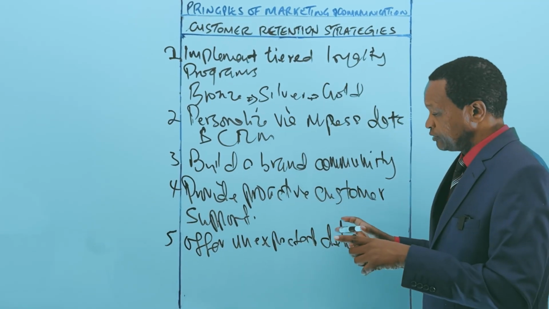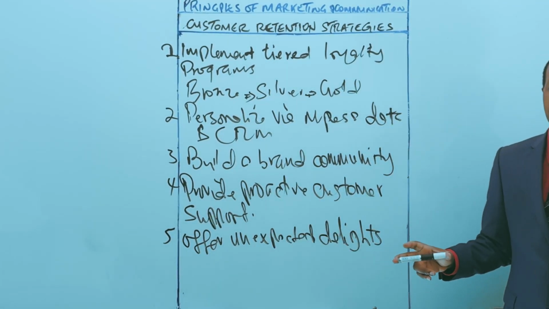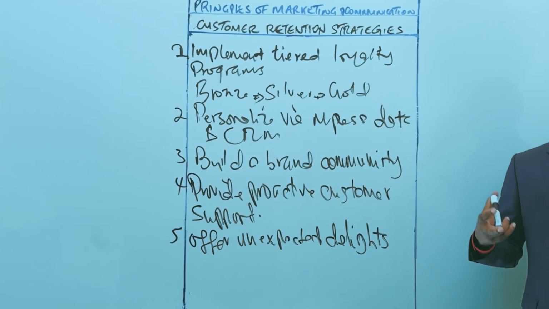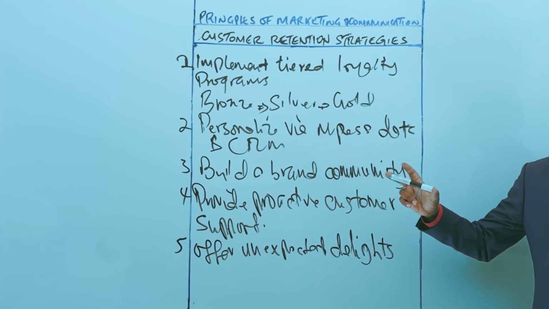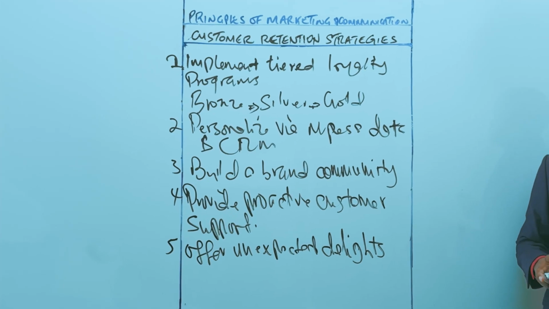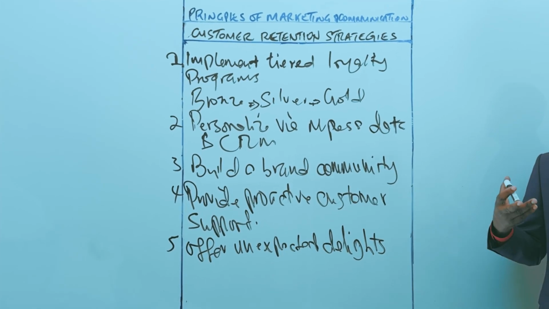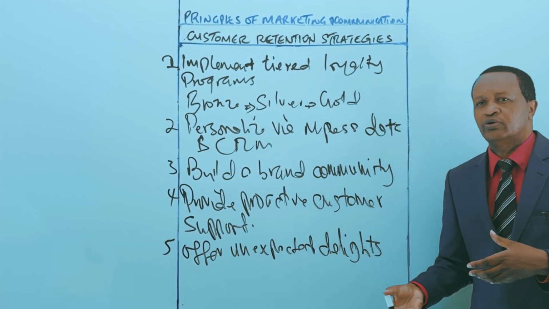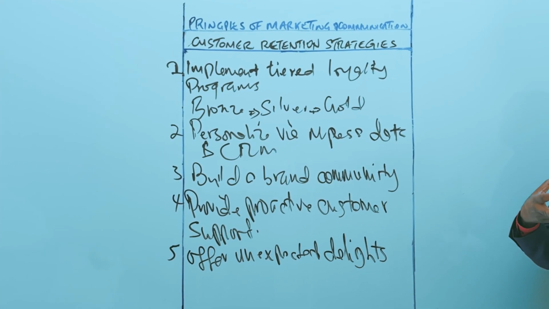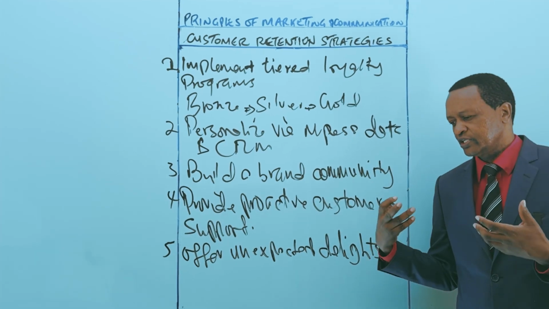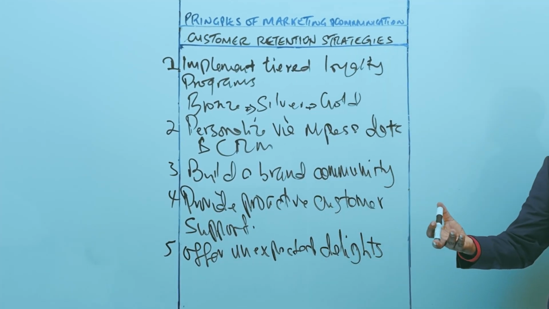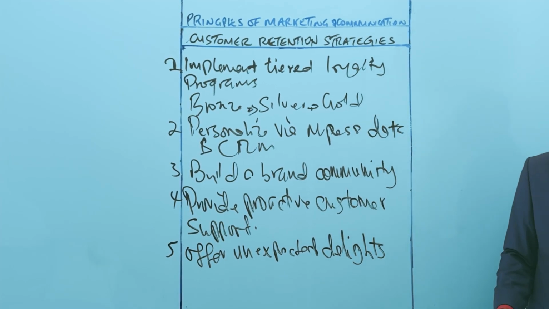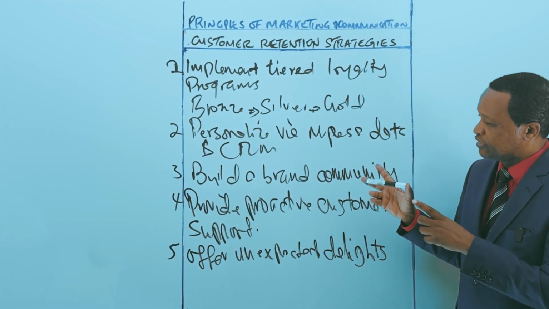It may be small, but it creates a massive emotional impact that keeps customers loyal for years. For example, you can occasionally include a small free gift, like a branded pen or a sample of a new product, or a surprise discount code for a loyal customer in their package. That can help you retain some customers.